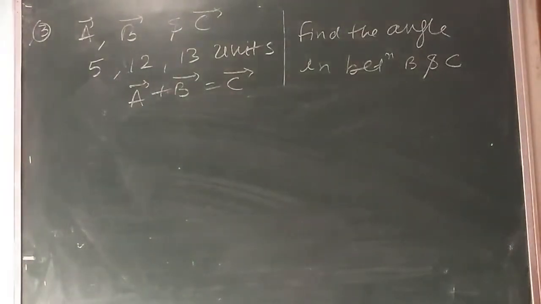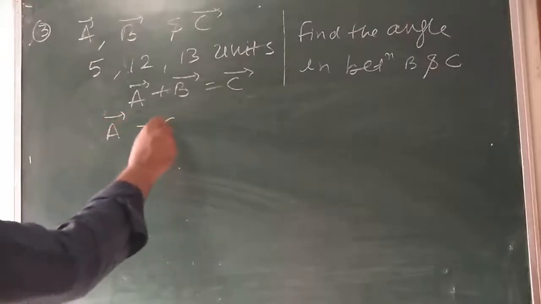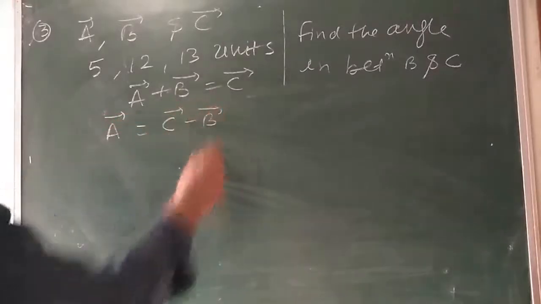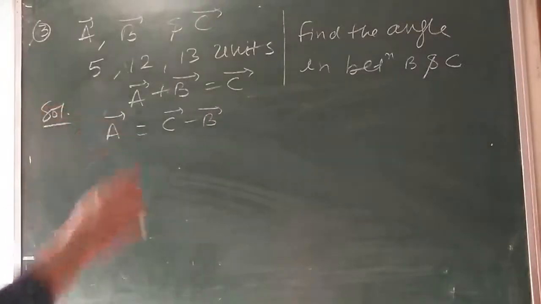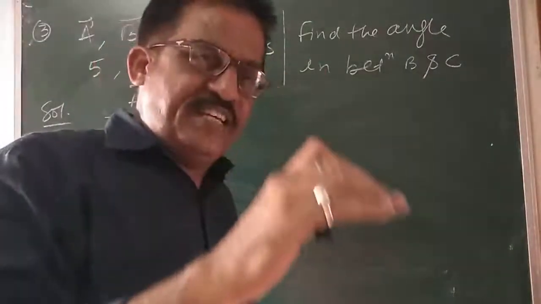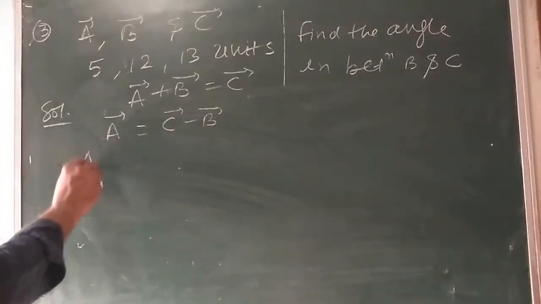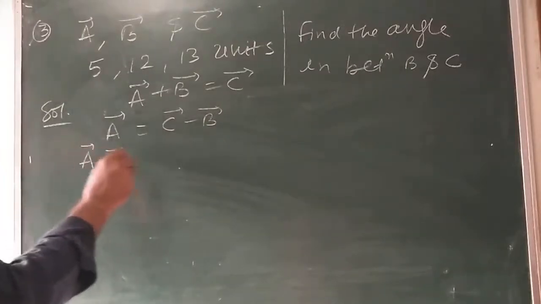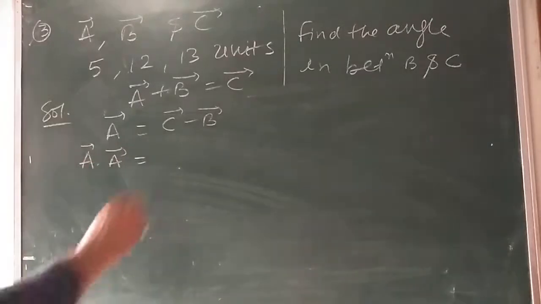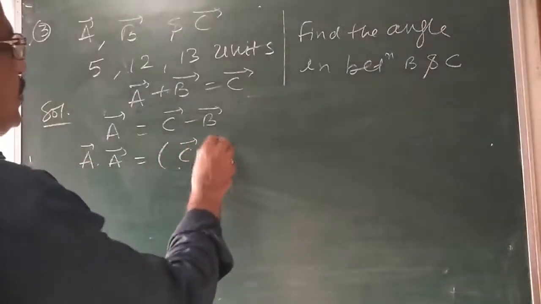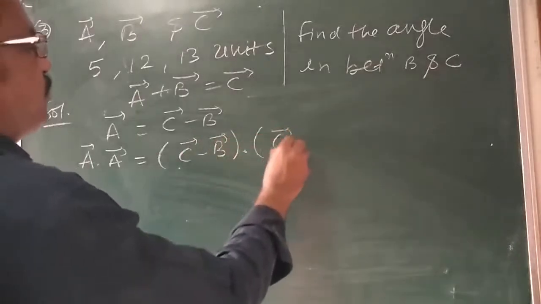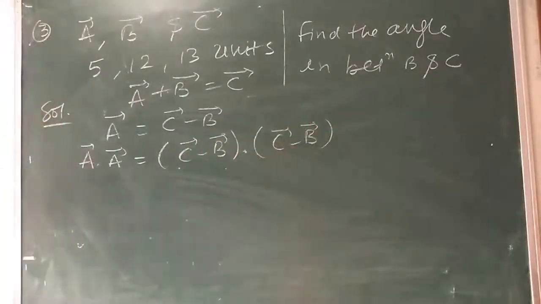How to solve? A plus B is equal to C. So I can write here, children, A is equal to C minus B. I can write A is equal to C minus B here. Okay. Now find out A dot A, the dot product. That is C minus B dot product of C minus B. What are C minus B?